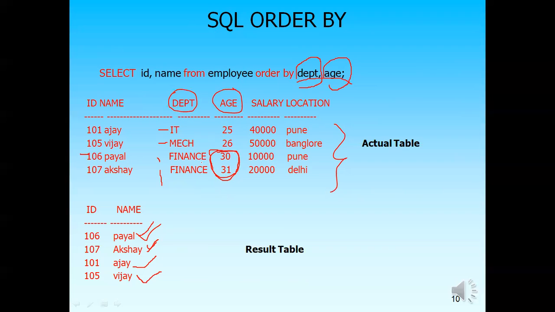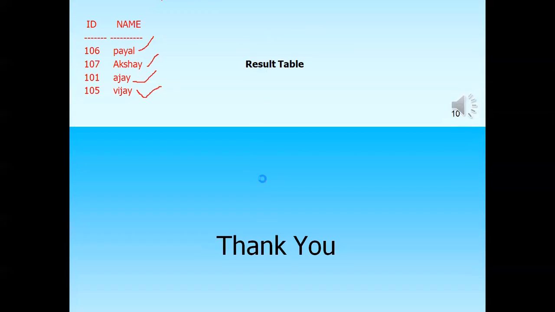But if it is not sorted, then it will also apply the age field. And the other two records are single records, so those are appearing here. So nested sorting is also possible with the help of the order by clause by mentioning multiple columns separated by commas. I hope you are clear with this concept. The next part of the select statement I will cover in the coming session. Thank you.